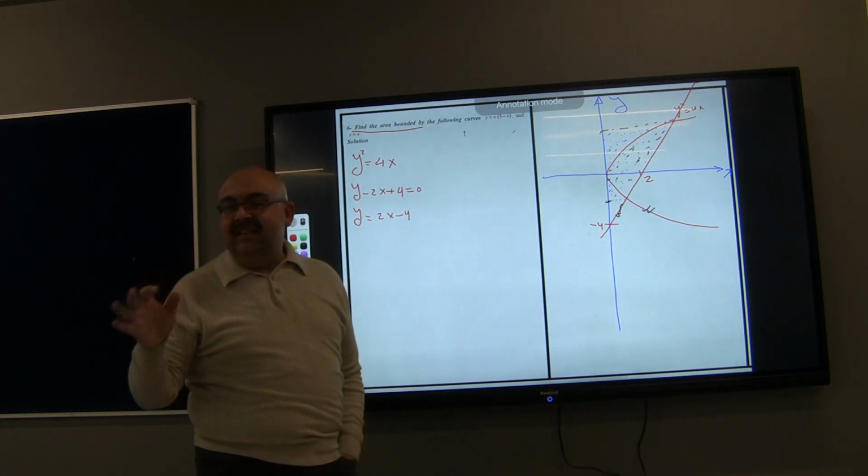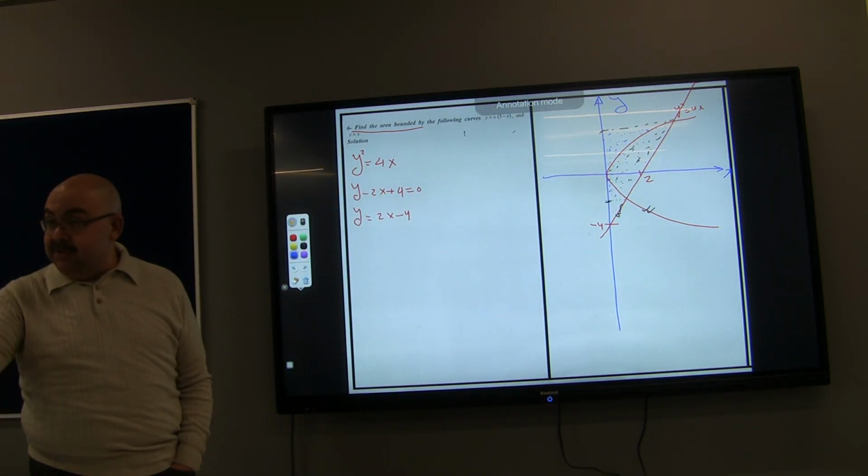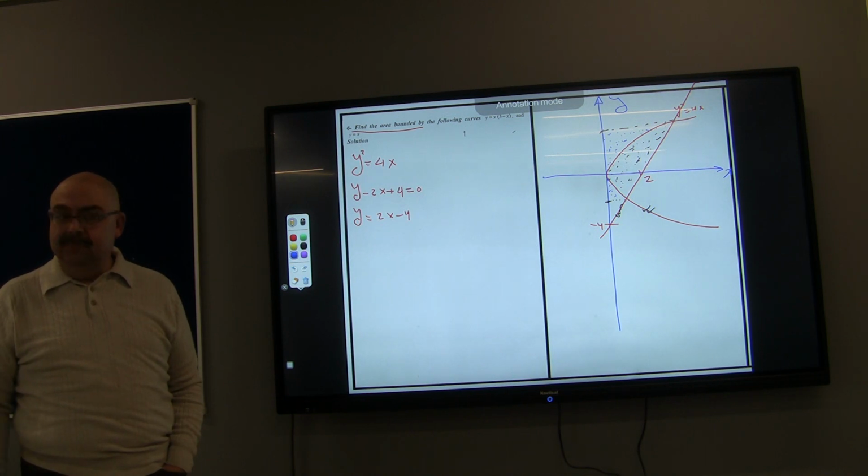So it is a lot easier to go through it with respect to the y-axis.